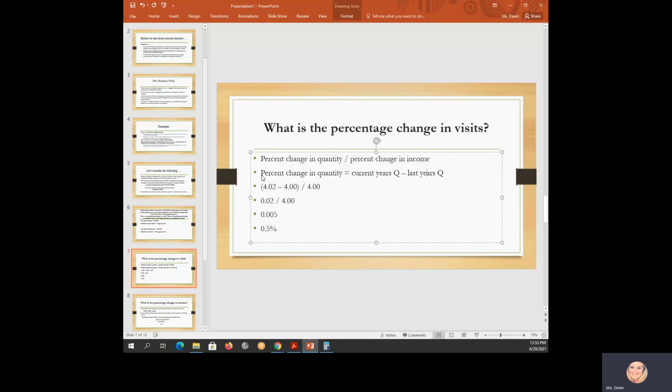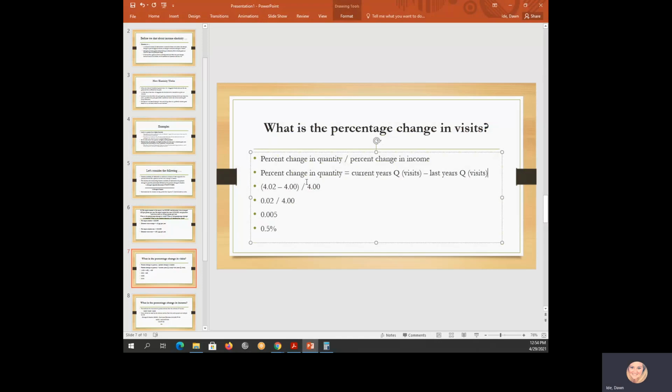The Q in this case would be your visits. So you had 4 visits per person per year last year, and you have 4.02 this year. So your percent change in quantity equals current year's visits minus last year's visits. So it's 4.02 minus 4.